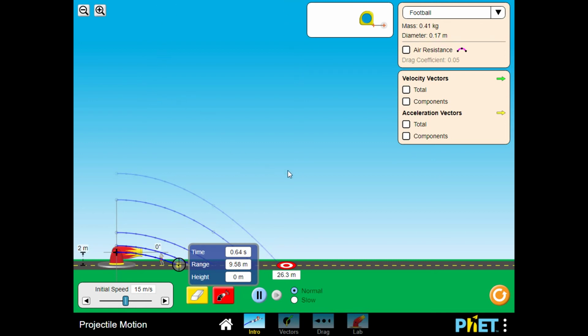This is all about horizontal projectiles.